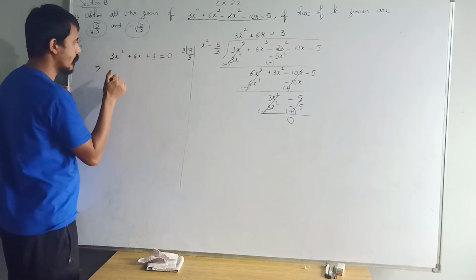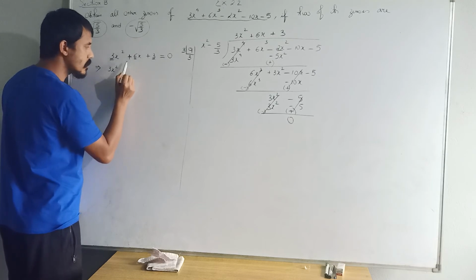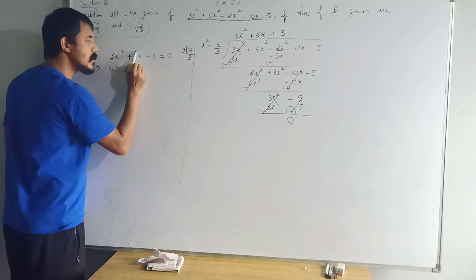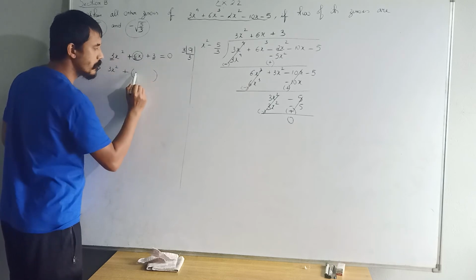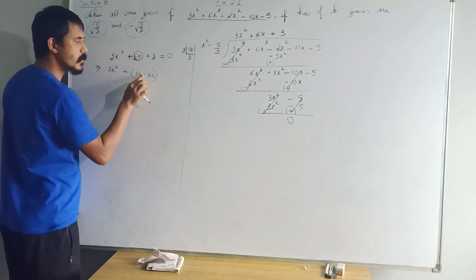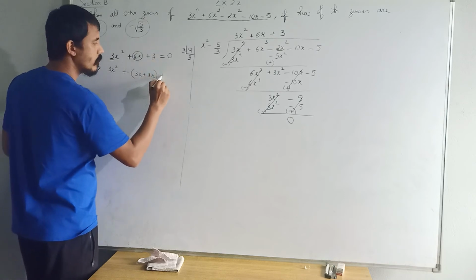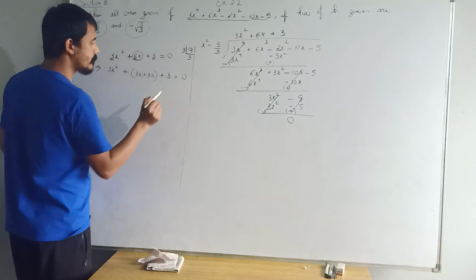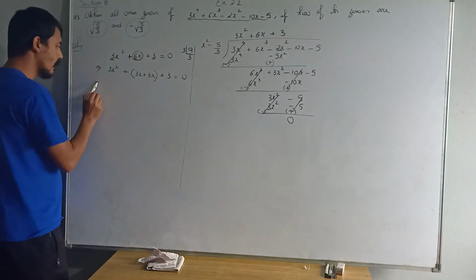Is it okay? Yeah. So 3x squared, this plus, we leave as it is. And instead of this middle term 6x, what are you going to write? 3x plus 3x. 3x plus 3x gives you 6x. Is it okay? And then we have plus 3 equal to 0. This is known as the process of splitting the middle term.